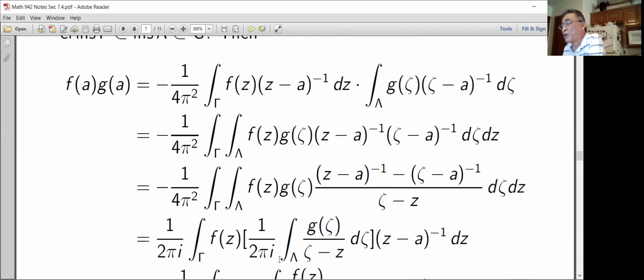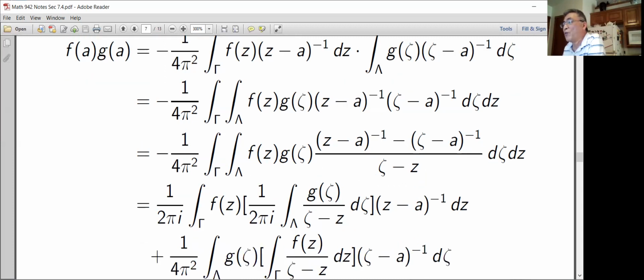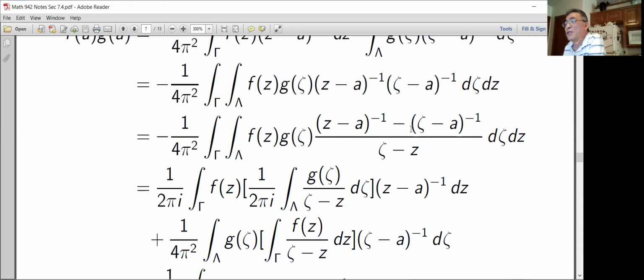So we do not change the order for the first term. But for the second term, we change the order. So you have minus, so you get a plus here. For the first term, we write this as 1 over 2 pi i times 1 over 2 pi i.